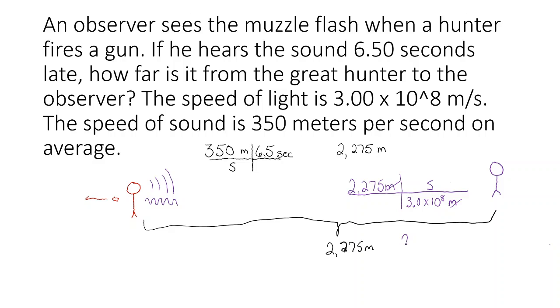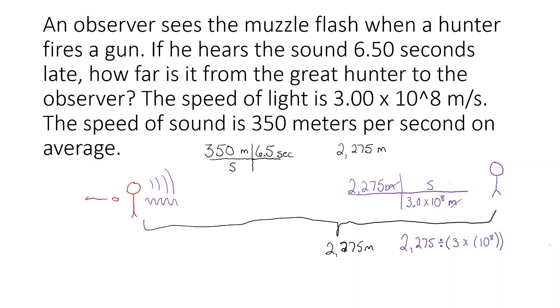and I'm going to carefully on my calculator, actually, I'm going to write this out for you. What I'm going to do is I'm going to say 2,275, and just so there's no mistakes, I'm going to say divided by 3 times 10 raised to the 8th power, so that no order of operations gets messed up as I'm trying to do this, okay?